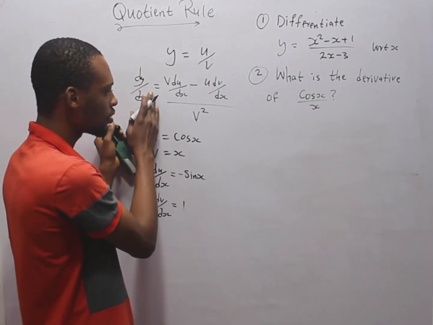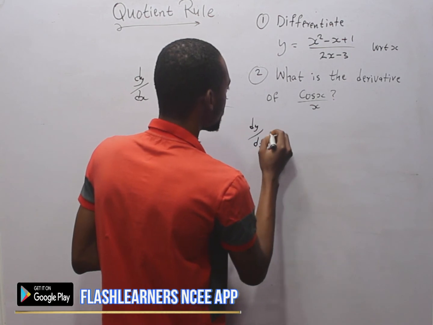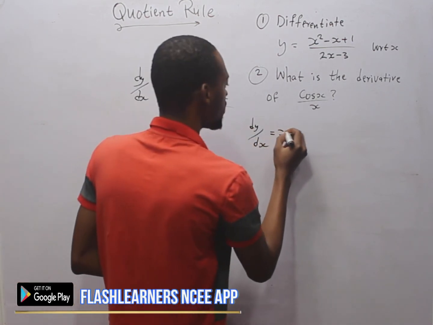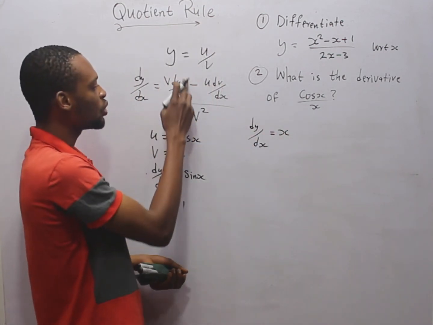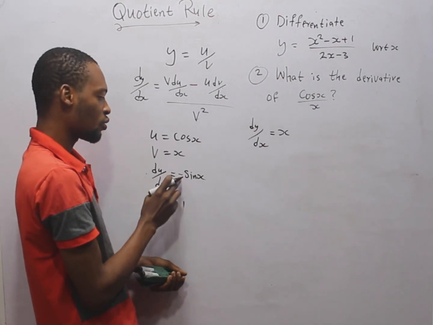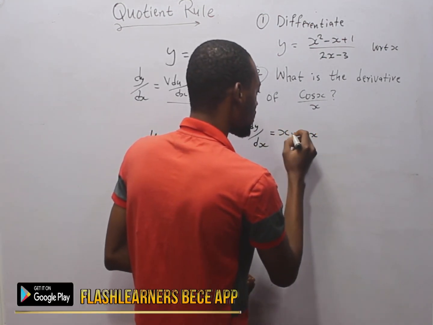Let's substitute. From the quotient rule, dy over ds equals v, which is s, times du ds. du ds is minus sine s, so we have s times minus sine s.